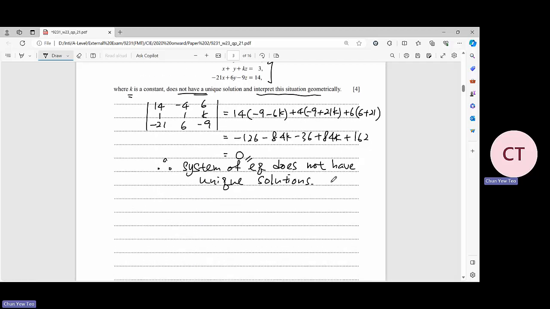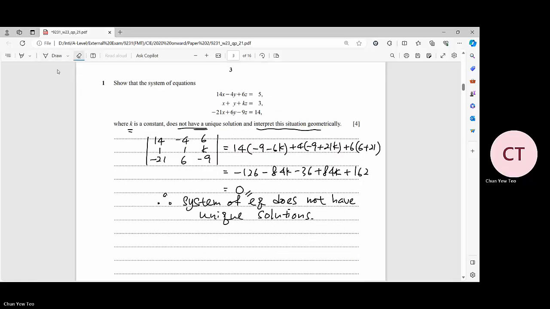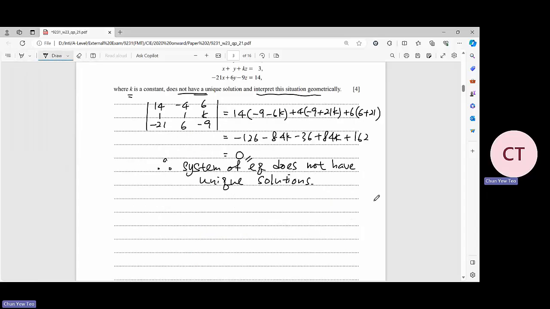In order to interpret this situation geometrically, what you need to do here is to observe these three equations. You can see that if you observe them one by one, equation by equation, the first equation and the third equation actually do have some relationship. So from the first equation, I am going to divide everything by 2.